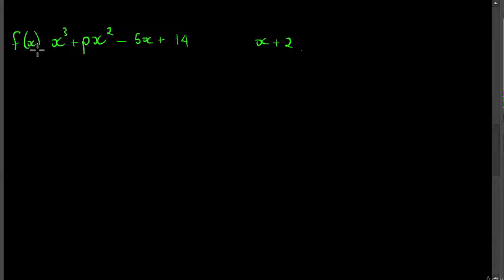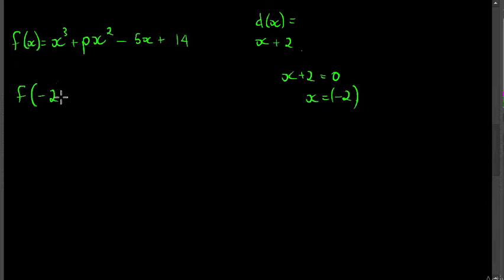and then you know that the remainder theorem says that if I take my divisor, which is d(x), and make it equal to 0, x plus 2 is equal to 0, and I solve it, x is equal to negative 2. If I substitute this value into f, I get my remainder.